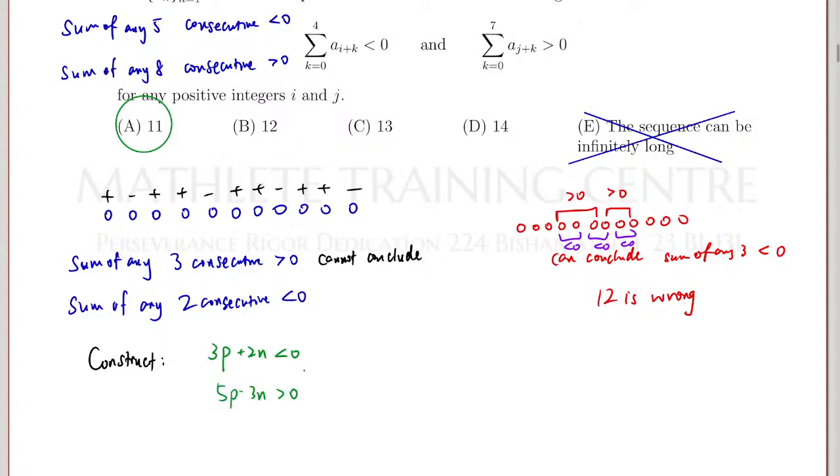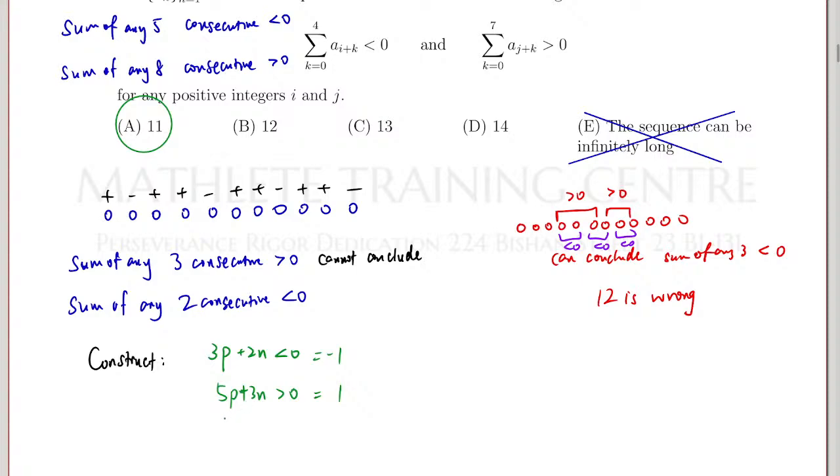Well, maybe I choose this to be negative 1, and maybe I choose this to be positive 1. Is that possible? In that case, we can add up 3 copies of the first one together with 2 copies of the second one. Sorry, this is a plus as well, because I'm adding the negative terms.